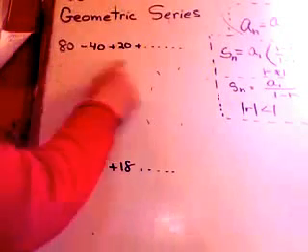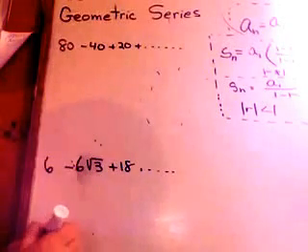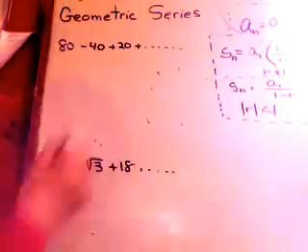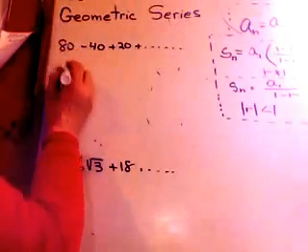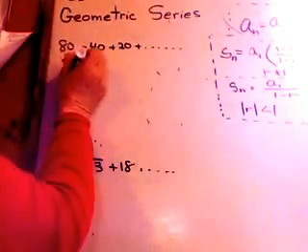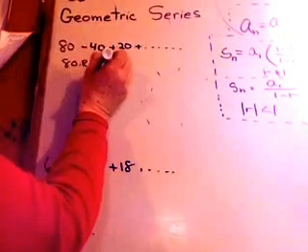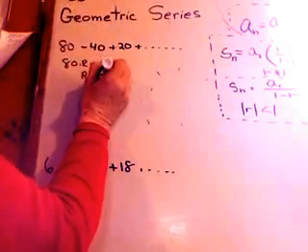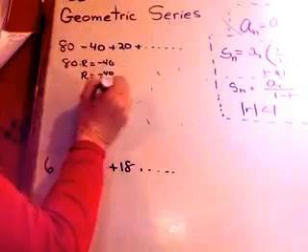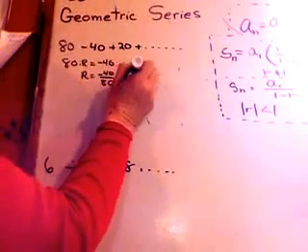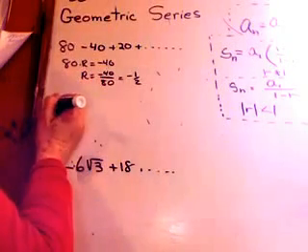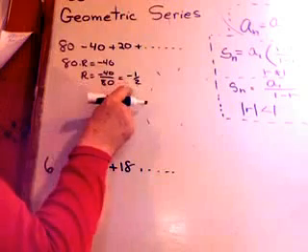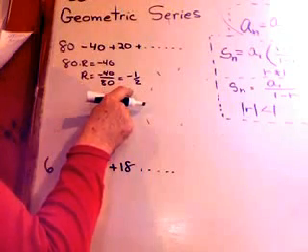All right, here's another series. I want to find the sum. I'm going to use this. So first of all, I want to find the r. How do I find the r? 80 times r equals negative 40. r equals negative 40 over 80, which is negative 1/2. All right, now check, is the r less than 1?